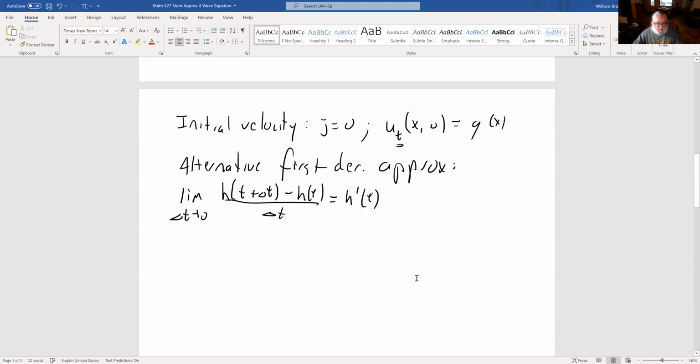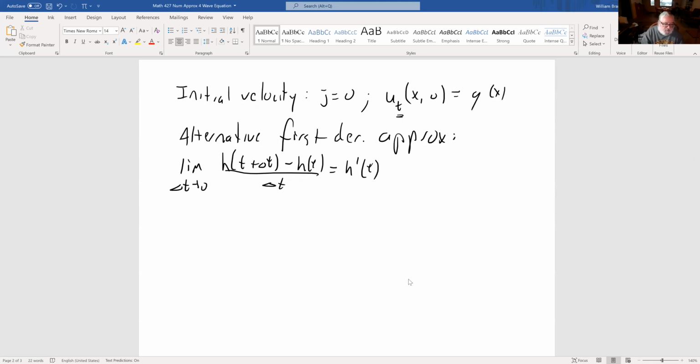And we're comfortable with that because that's just the basic idea of a derivative. If I've got some function and I take some time point t and another time point t plus delta t, find the slope of that, and we let delta t go to 0, and we find the limit.